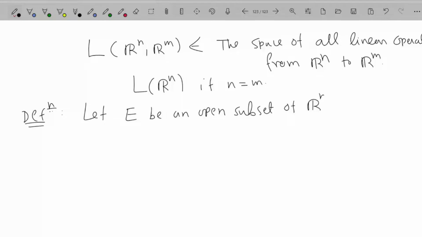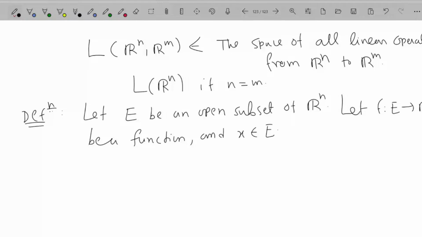Let f from E to Rm be a function and x belongs to E. Then f is said to be differentiable at x.